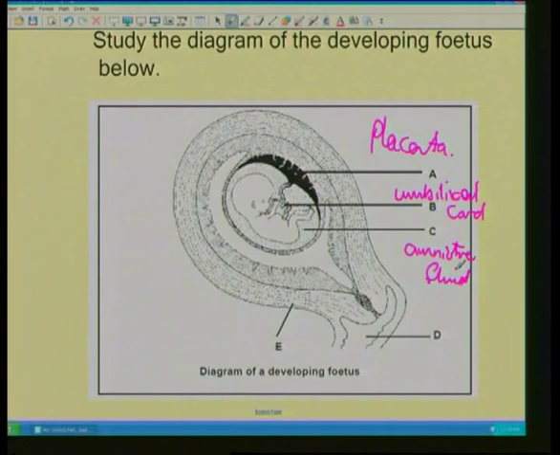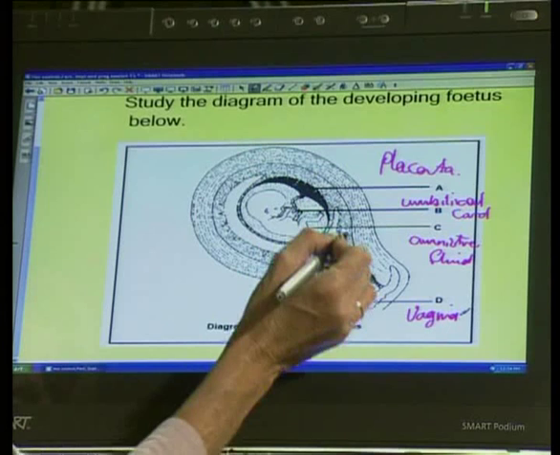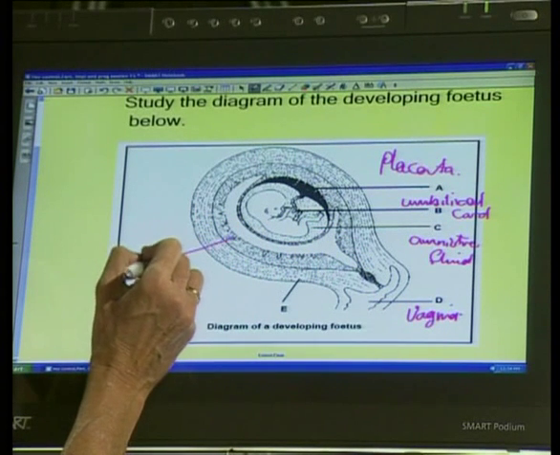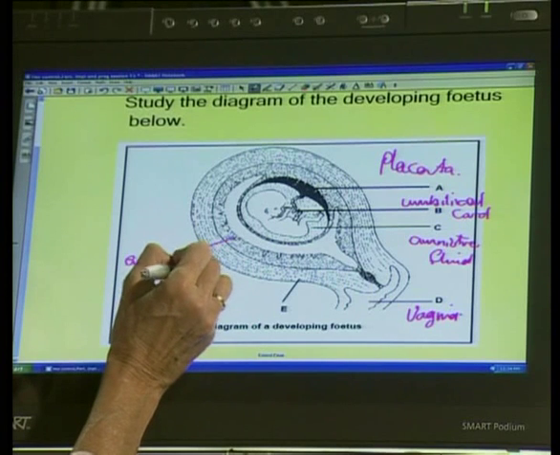And remember, what does it do? It acts as a shock absorber and maintains the body temperature of the baby. D, this here would be the vagina. And E, now look carefully, people, there is the uterus. So this here, that is your endometrium.